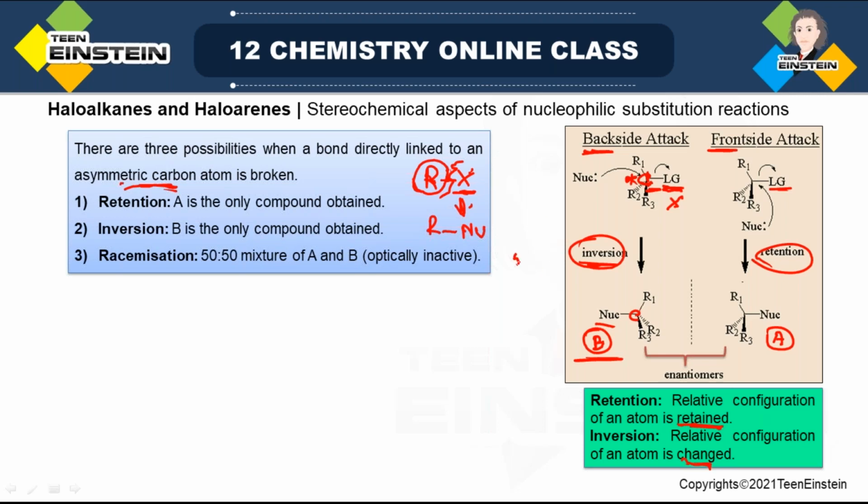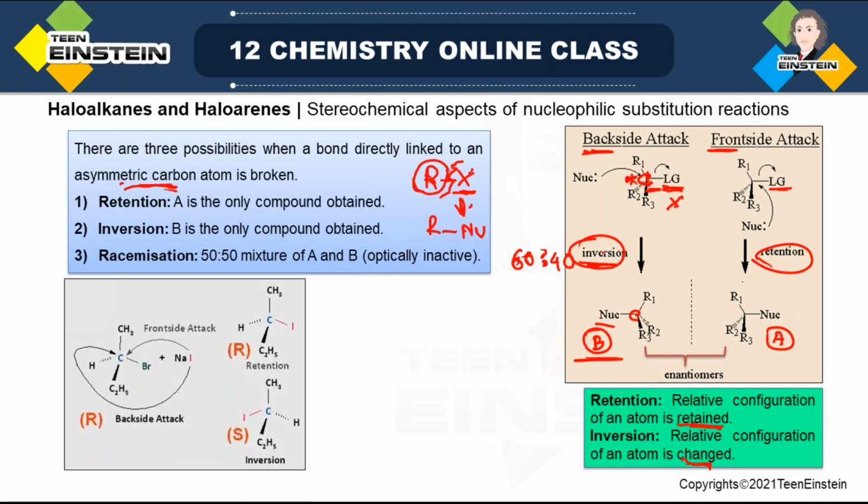But suppose it is 60:40, that is not exactly 50-50, then you can expect optical activity. Now, for SN1 or SN2 mechanism, the actual example we have taken in this box on the right hand side is basically the general expression of alkyl halide. But see, in this box on the left hand side, now carbon is attached to four different groups.